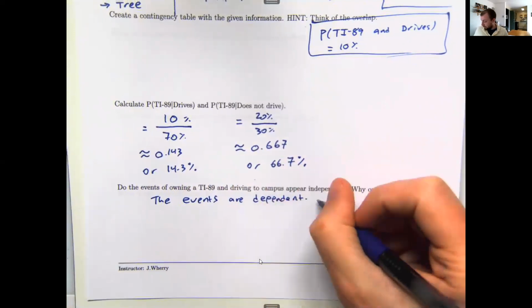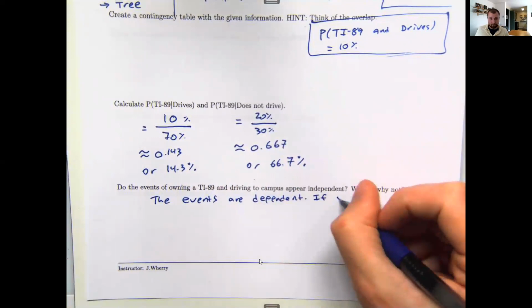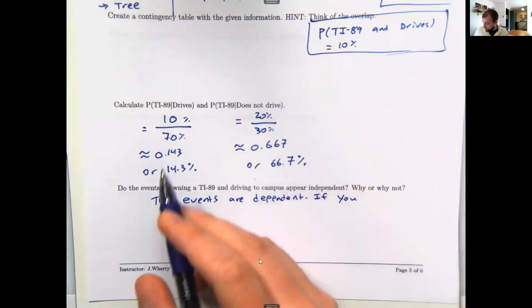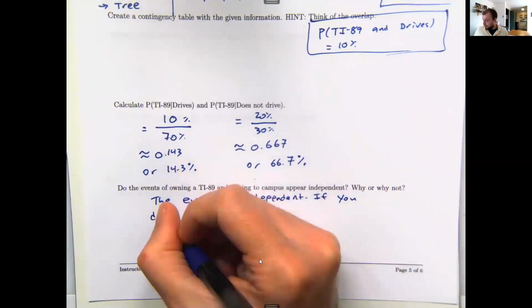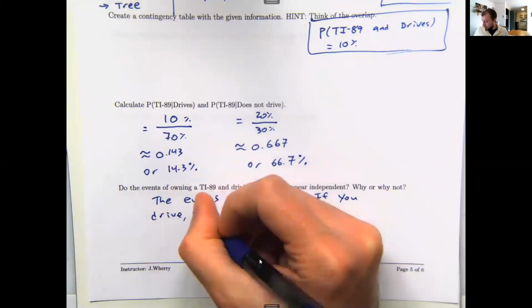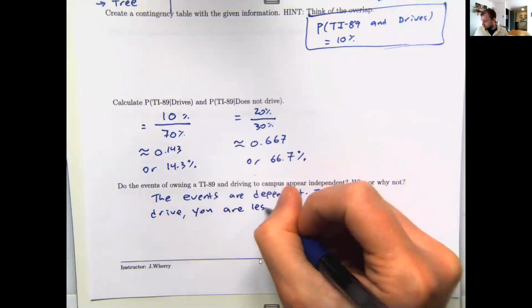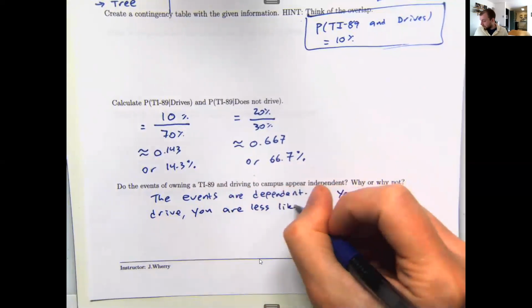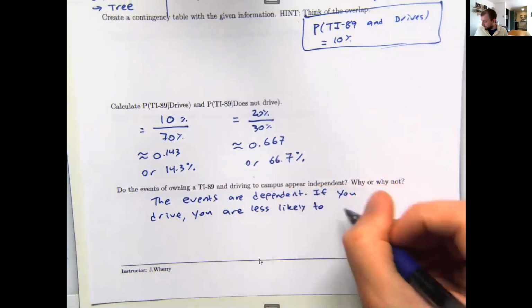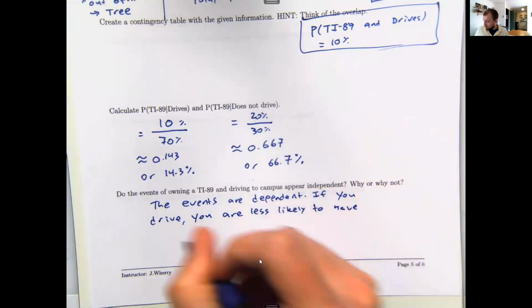If you drive, that's this first group, you are less likely to have a TI-89.